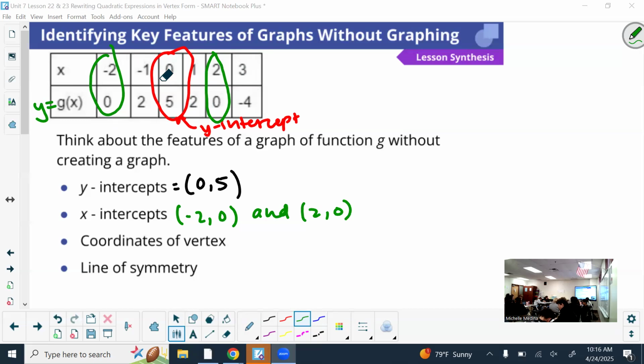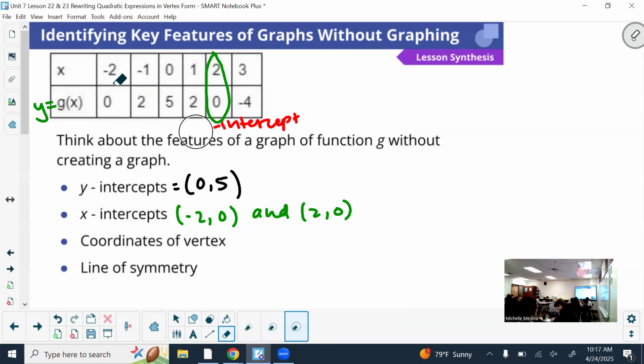So table 9, which one would be my vertex? From the table. It's all my circles. So vertex.